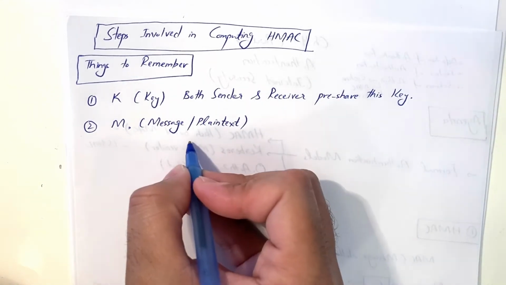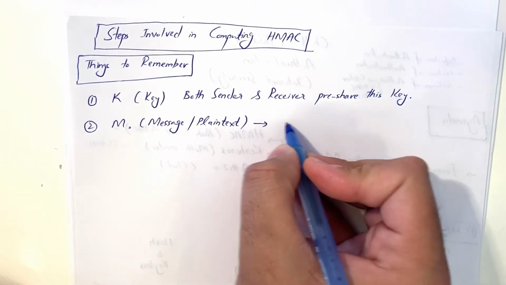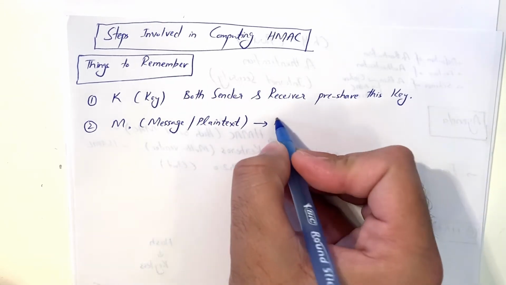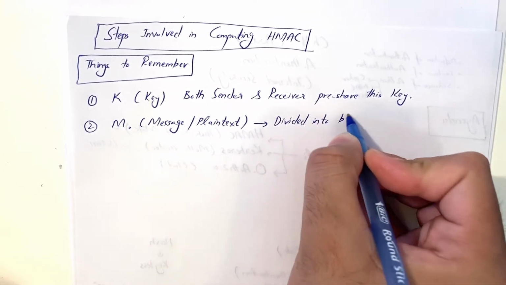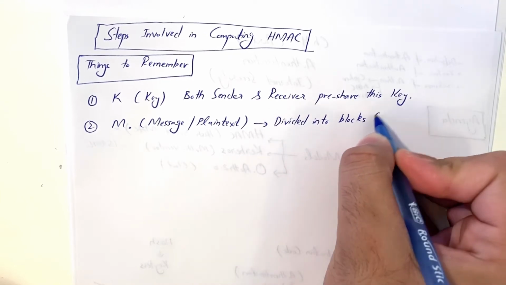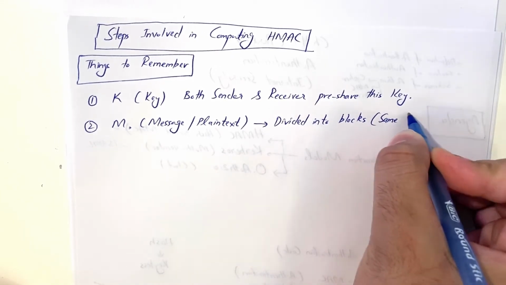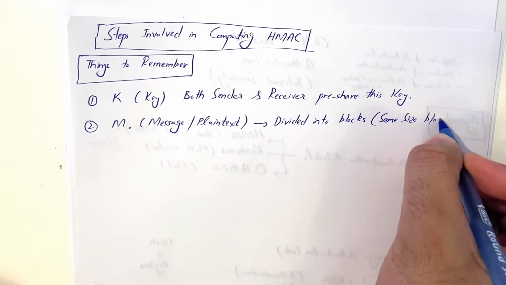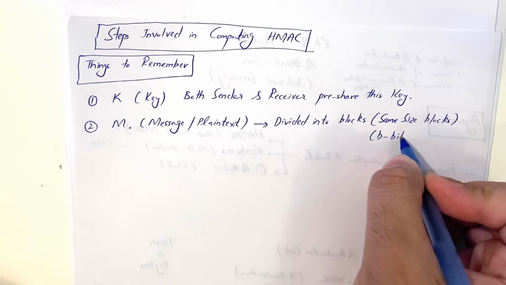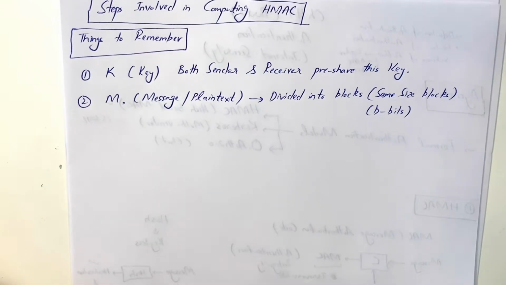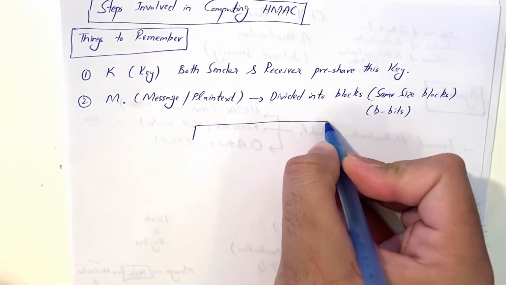So M could be something like that, and M is broken, or you can say divided, into blocks, same size blocks. And the block size is B bits. Just for the understanding, this is basically how the message looks.